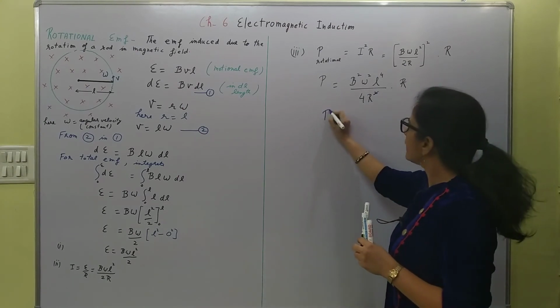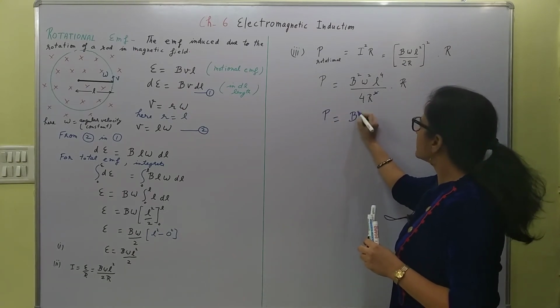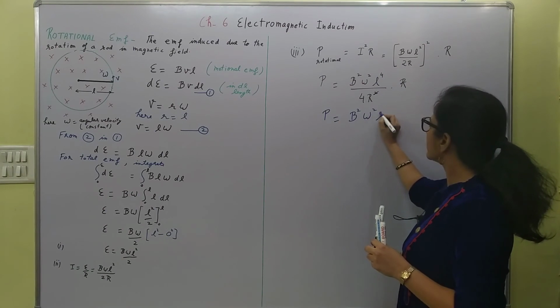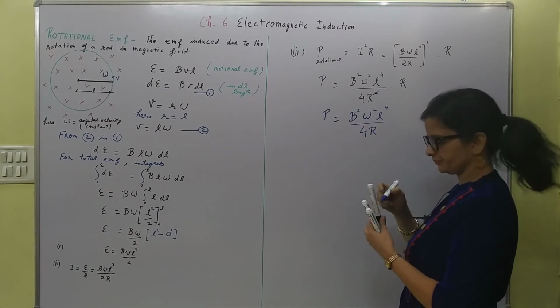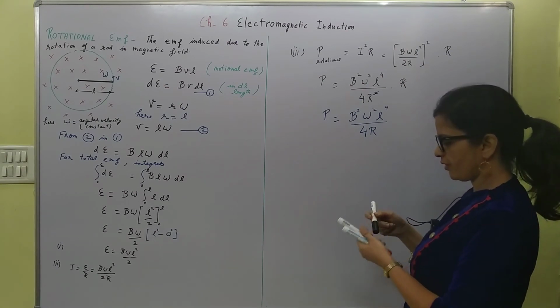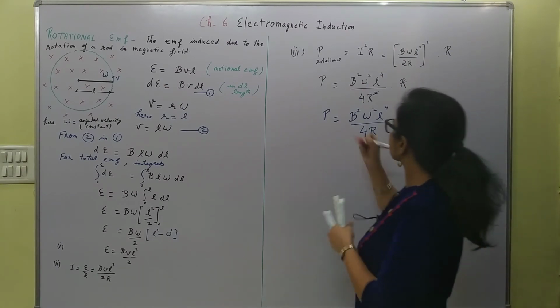So this gives me power is equal to B square omega square L to the power 4 upon 4R. This is the final formula for power.